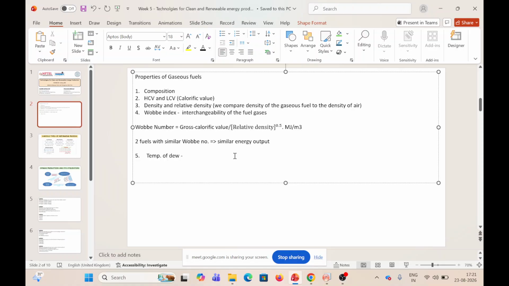We typically come across the word dew in weather forecasts. So what does this dew actually indicate or point to?